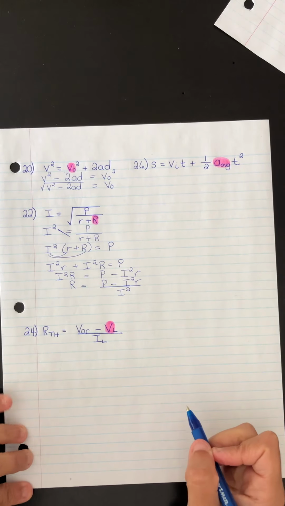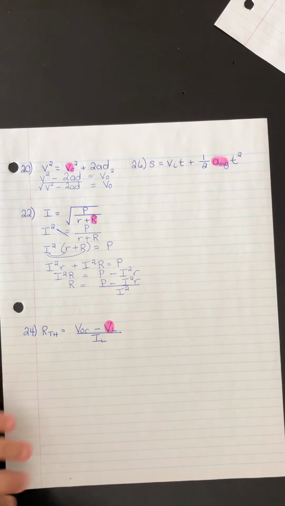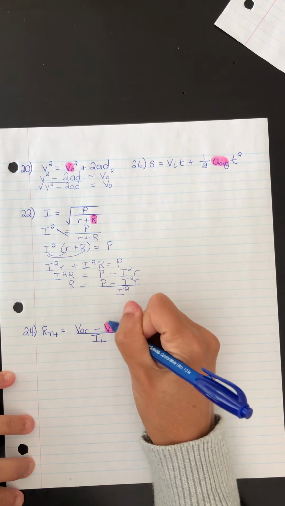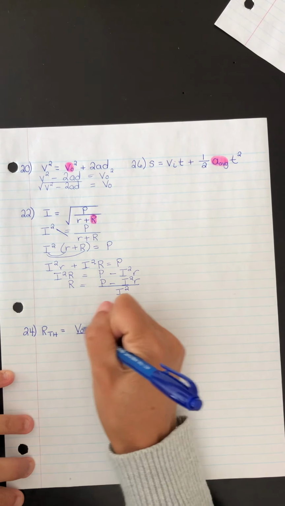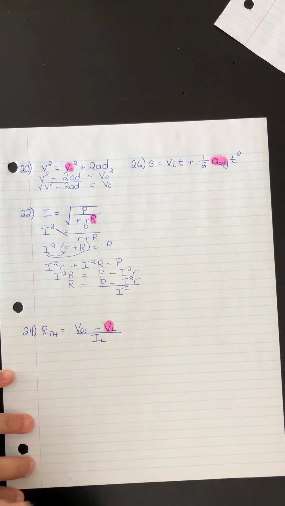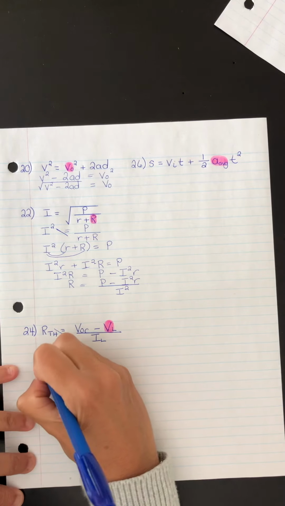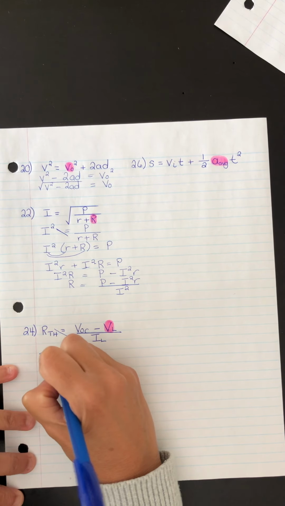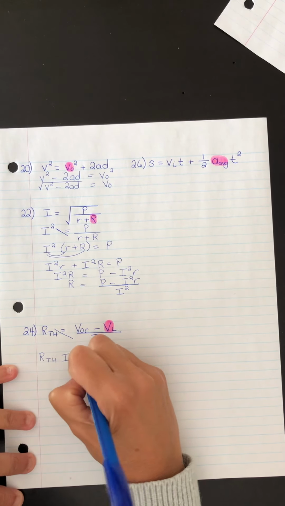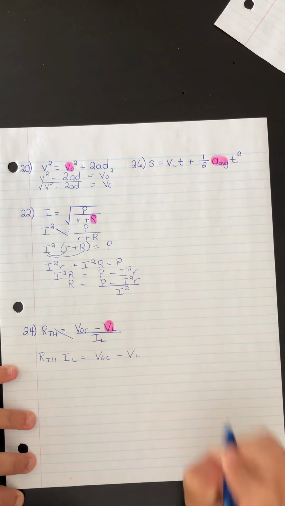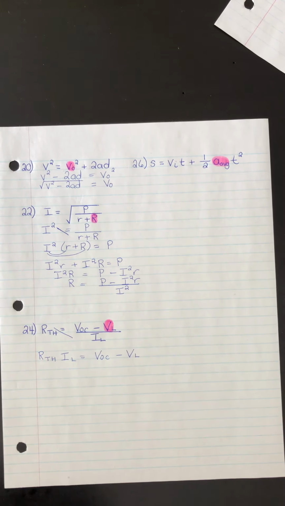Okay, 2 more problems. Number 24. We want a formula for VL. It's trapped in the numerator here because of the denominator. So it would be helpful to start like this. Use multiplication first to get this.